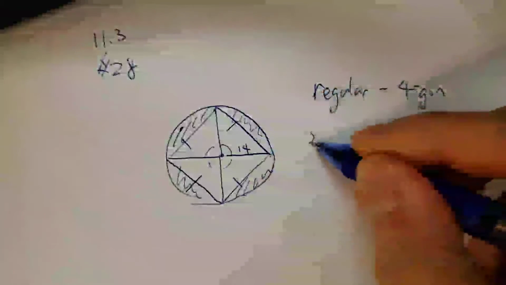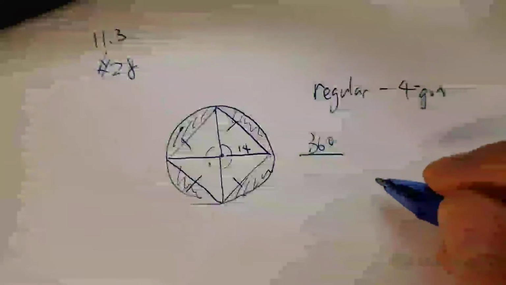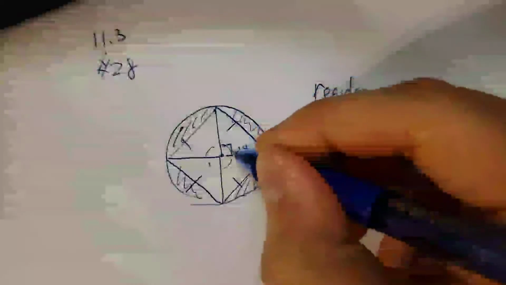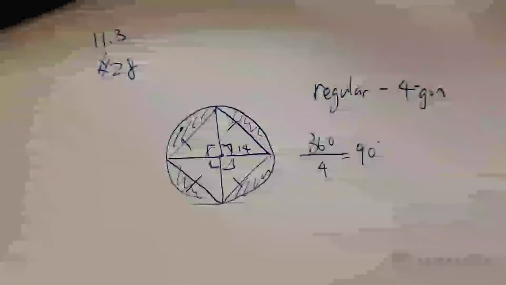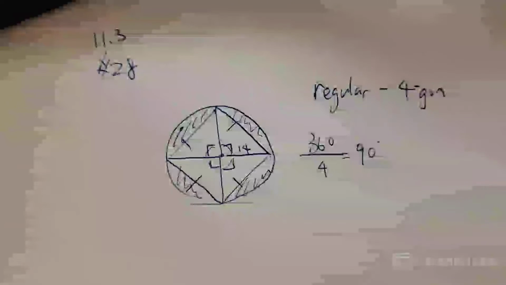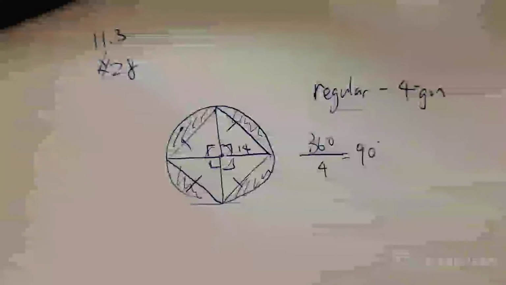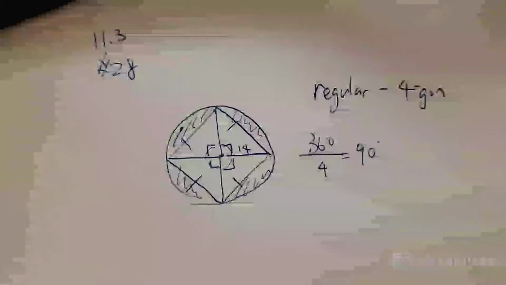So in this case, it's 360 divided by... okay. And then let me pause this real quick. See if it's better if I pause this.